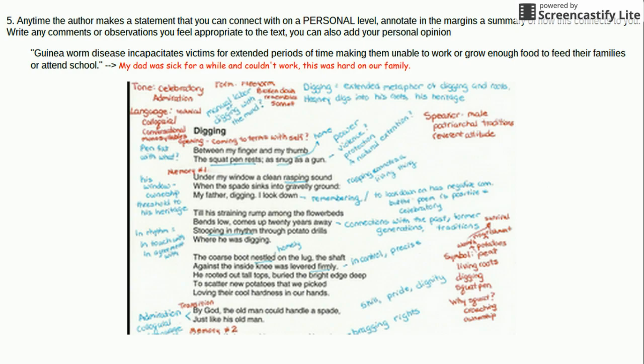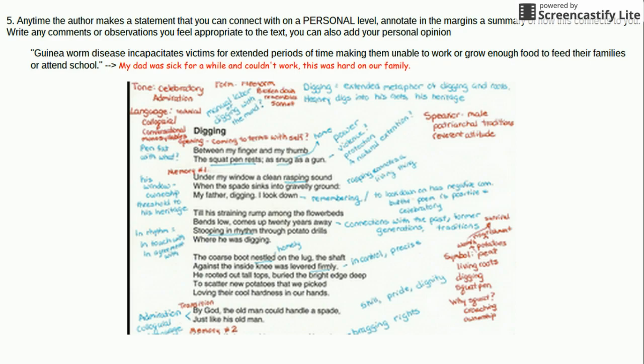Anytime an author makes a statement that you can connect with on a personal level, make sure that you annotate that in the margin. A quick line and then to your personal story of how it connects to you can really help you to remember what you're reading. So in this one it says, guinea worm disease incapacitates victims for extended periods of time, making them unable to work or grow enough food to feed their families or attend school.